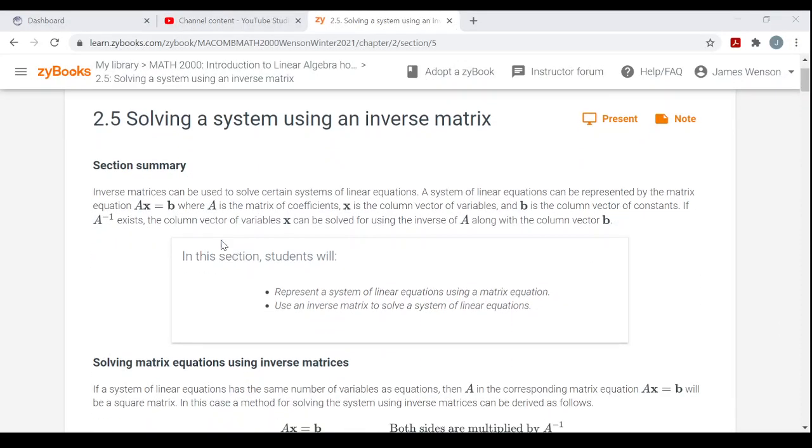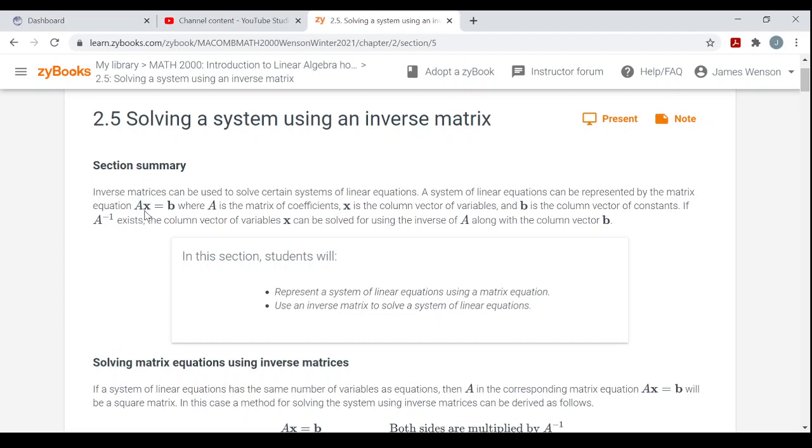All right, so if you recall from a section or two ago, you can write a system of linear equations as a matrix equation, where you have a matrix A times variable column matrix X equal to a column matrix of constants B. And matrix A was the matrix of coefficients, the coefficient matrix.